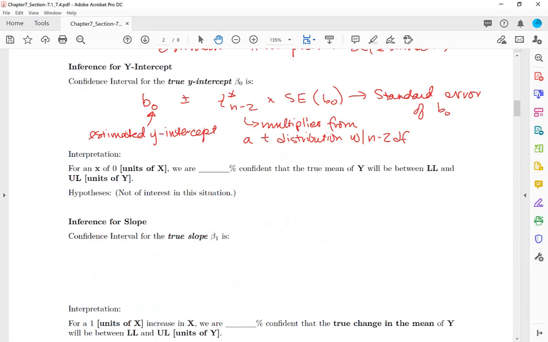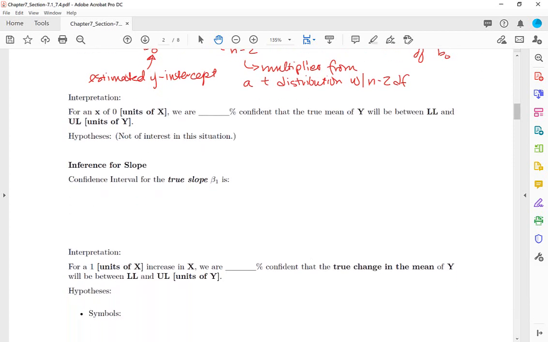When we interpret the confidence interval for a y-intercept, when our explanatory variable is 0, we are X% confident that the true mean of y, the response, will be between our lower limit and our upper limit in our units of y. For a y-intercept, we're not interested in the hypotheses for this study.